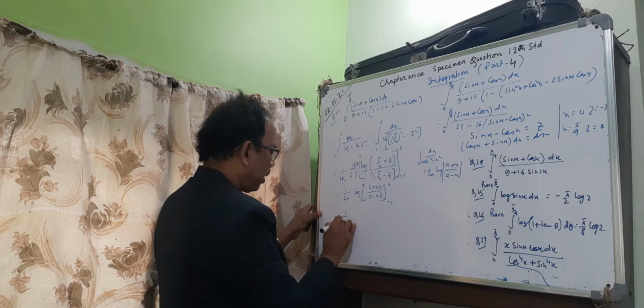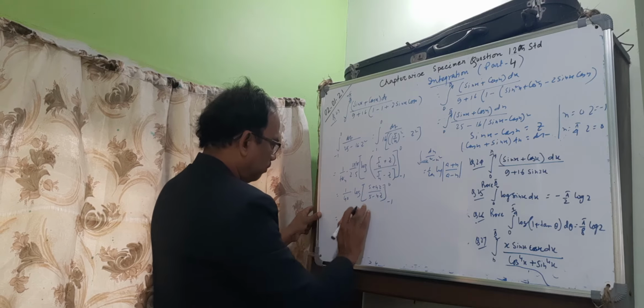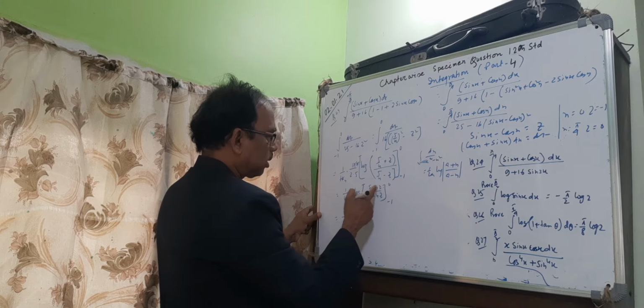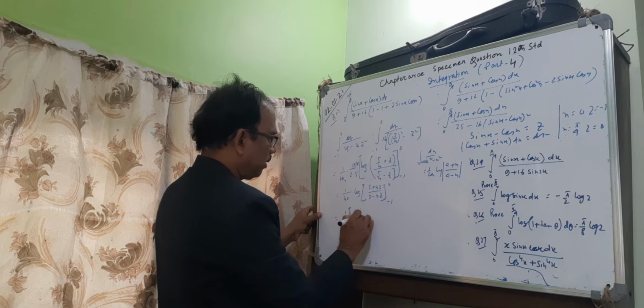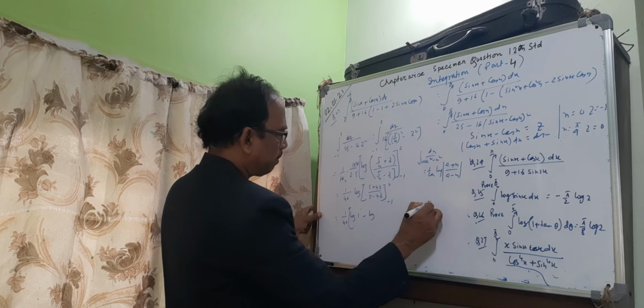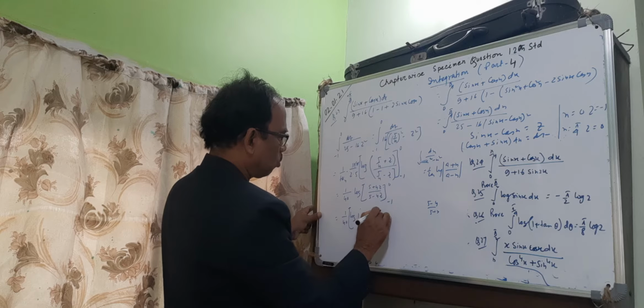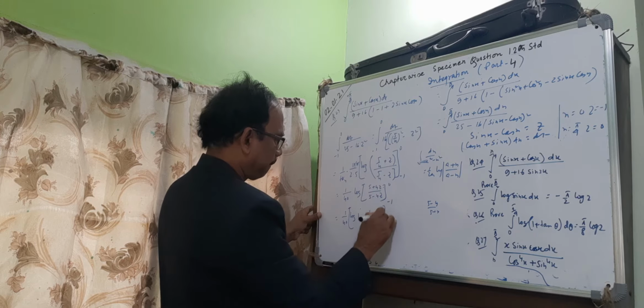That is 1 by 40 log of, when z is 0, log of 1, that is 5 by 5, which is 0, minus, when z is minus 1, that is (5 minus 4) by (5 plus 4), that is 1 by 9.